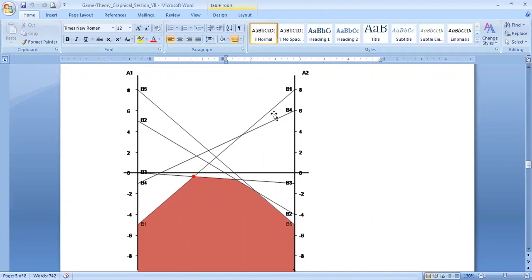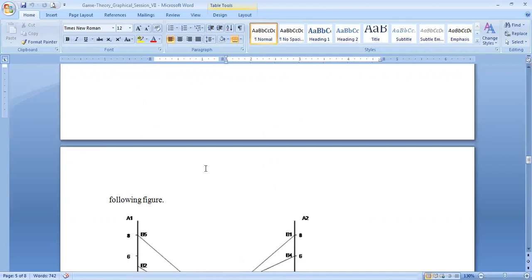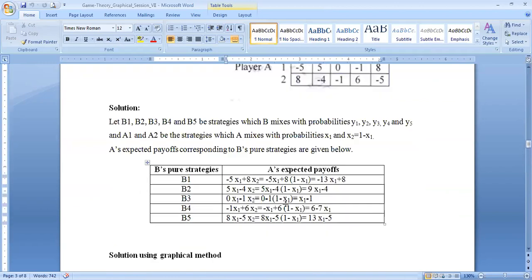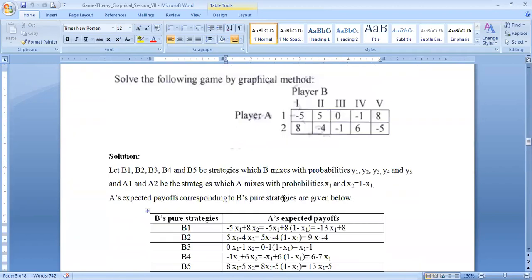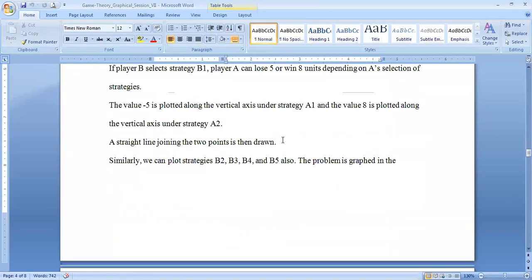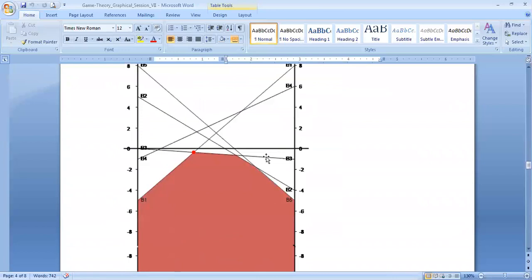So like that, we have joined all the lines. In total there are 5 strategies, and 5 lines we have drawn. Since player A has 2 strategies, we have to search for the maximin. As I said, this shaded area bounded by B1 is called the minimum area.